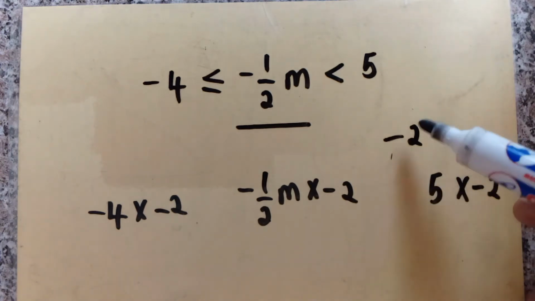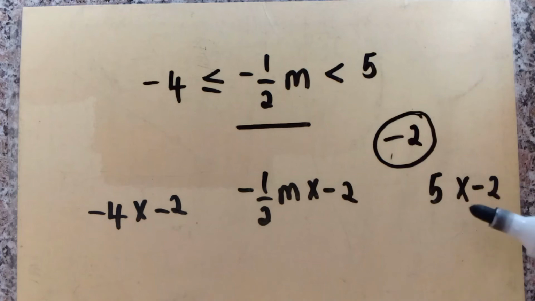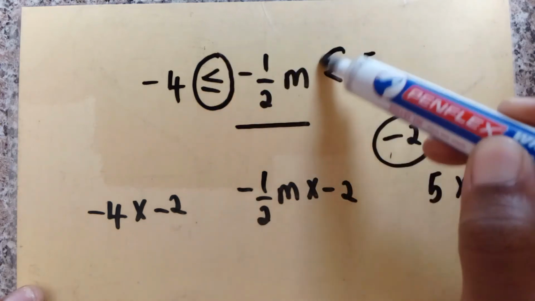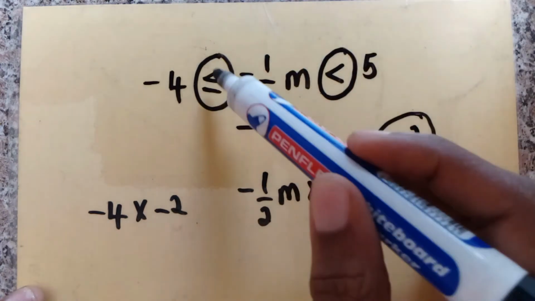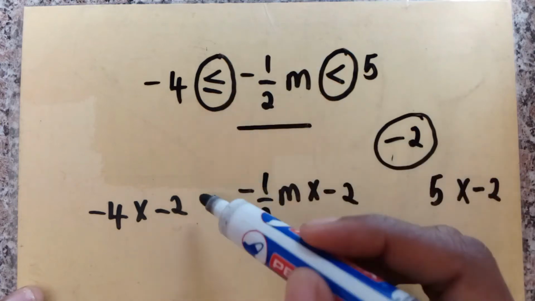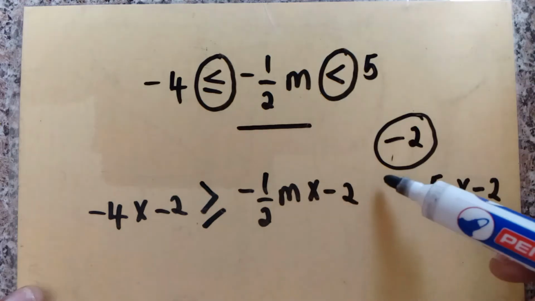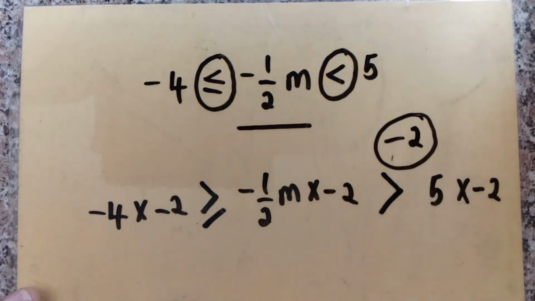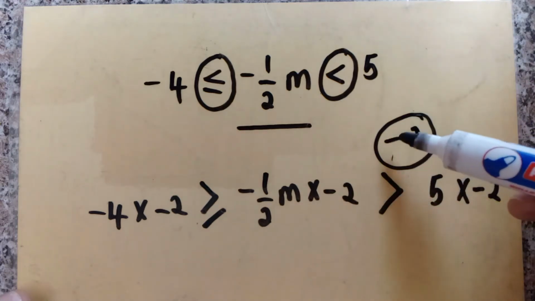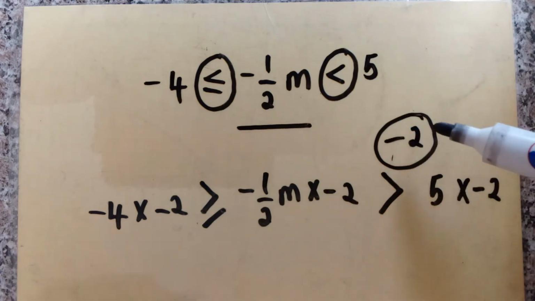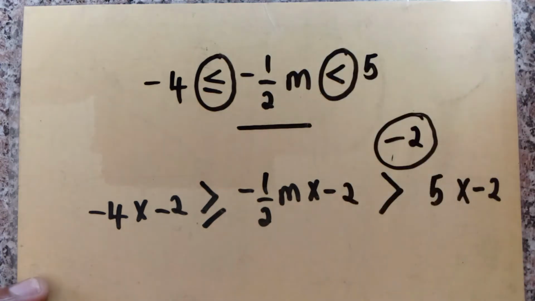If we multiply or divide an inequality by a negative value, the inequality signs will actually change. What do I mean? This means less than or equal to will now become greater than or equal to, and less than will become greater than. I hope that makes sense. This only happens if we divide or multiply by a negative value. If we're multiplying or dividing by a positive value, they would not change.